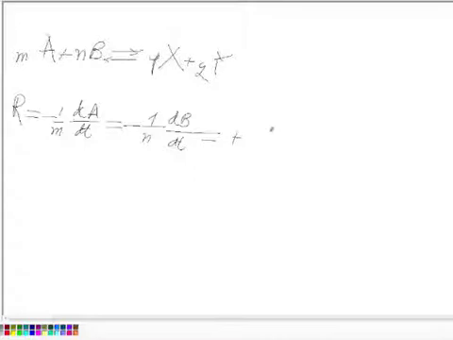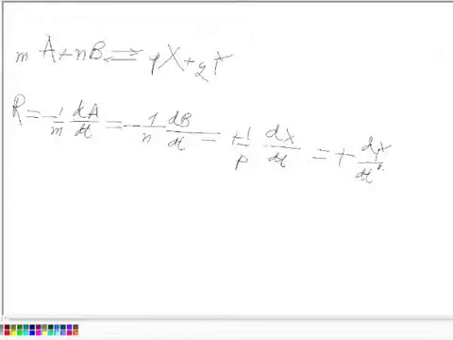Because that one is a product: plus 1 over p, dX per dt, equal to plus 1 over q, dY per dt. So this is the rate of reaction equation.